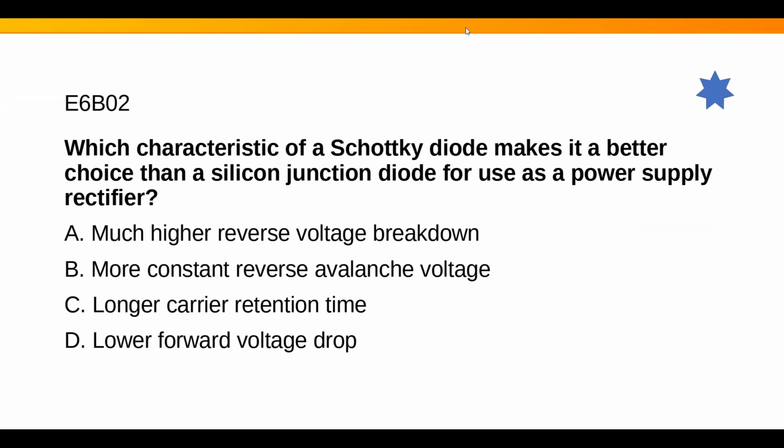Which of the following is a Schottky barrier diode? Bob, the screen I'm still seeing is question Echo 6 Baker 02 in the top left. Have you changed the screen you're on? Yeah, I'm on Echo 6 Baker 8. Strange. I'm still seeing number 2.